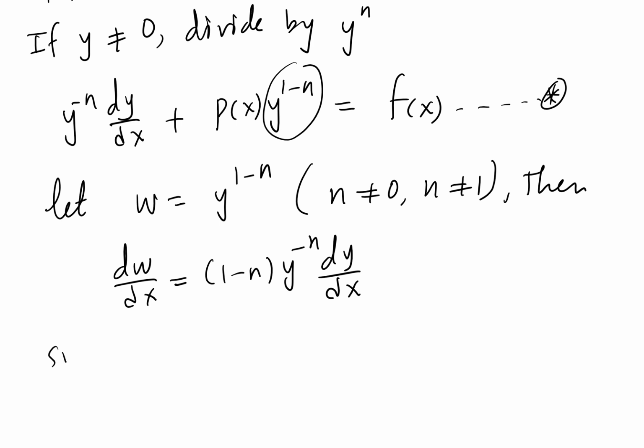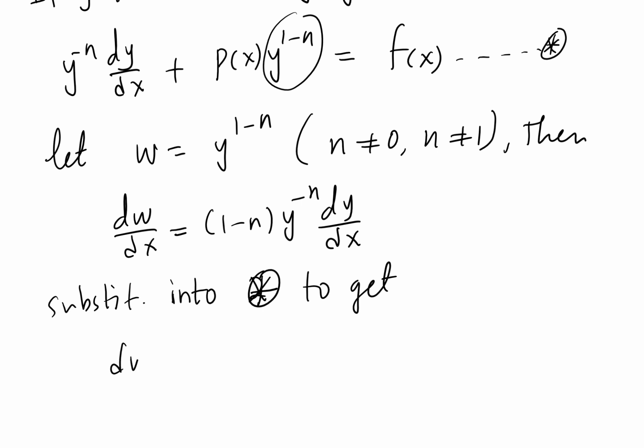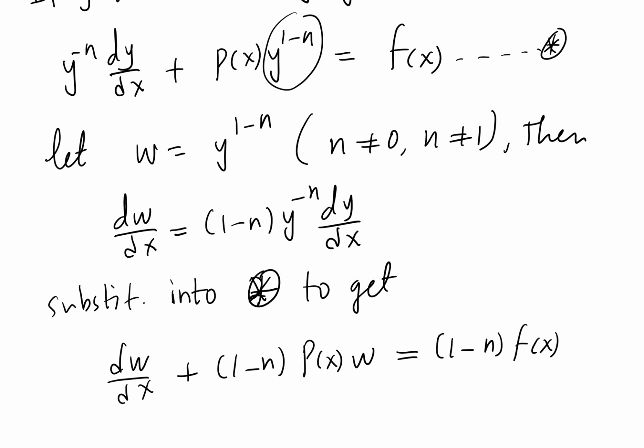Substitute into star to get dw/dx plus 1 minus n p of x w equals 1 minus n f of x. And then what do we do from there?